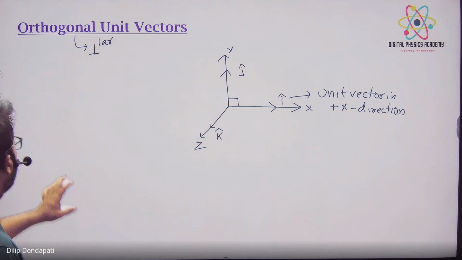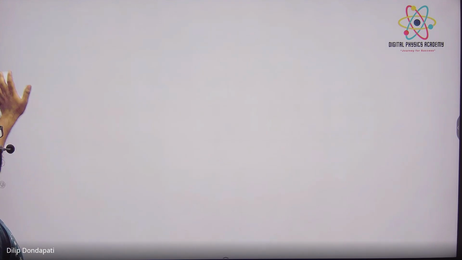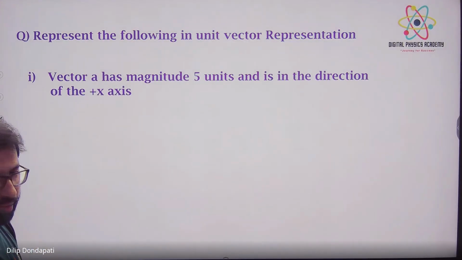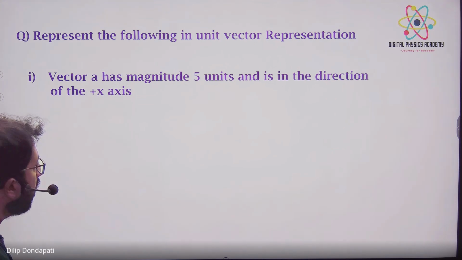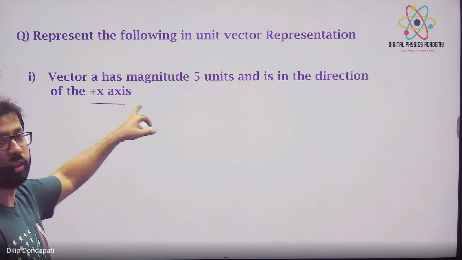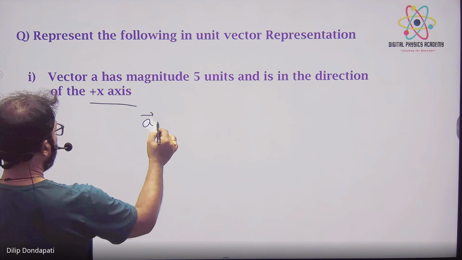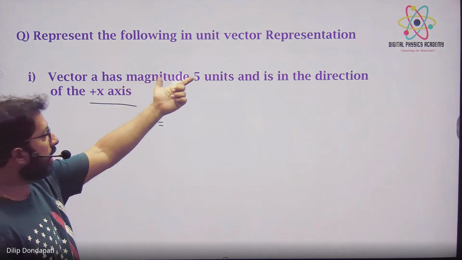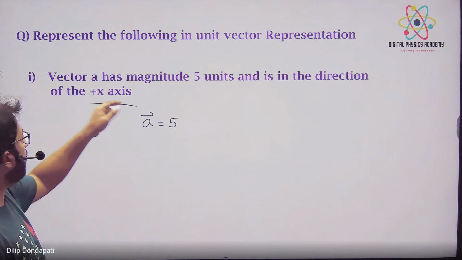Okay, चलिए. आज तो बोल. Represent the following vectors. Vector A has a magnitude of 5 units and is in the direction of positive X direction. So vector A कैसा आएगा? Magnitude कितना है? A vector का magnitude is 5, and direction is positive X direction.